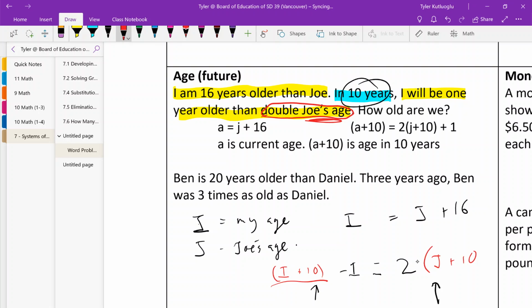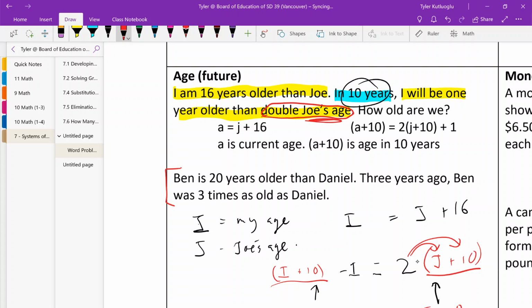So we have to put that in brackets to say it is double all of Joe's age in the future. Once we have this set up, J plus 10, now we have our two equations. You just have to remember when you do it that you do distributive property here with the 2. And that's it. That's how you set up age questions.